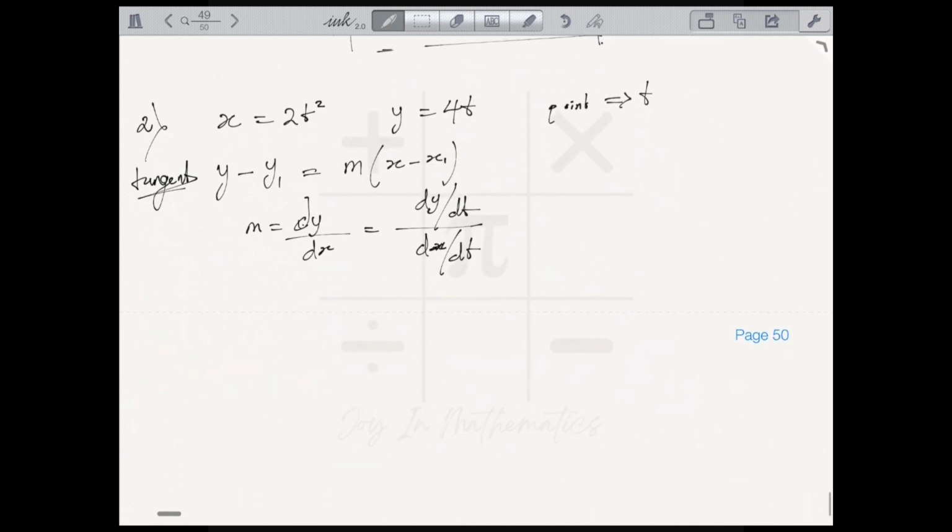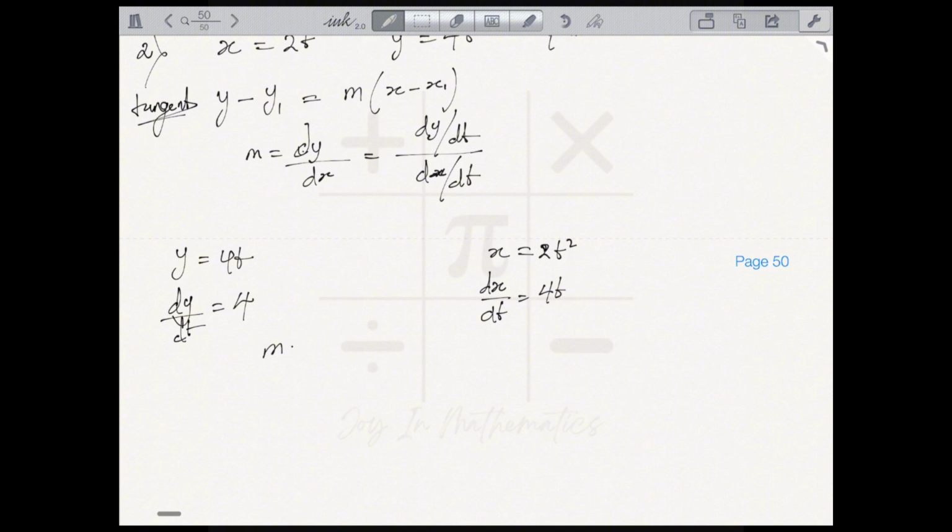So let's evaluate that. Our y is equal to 4t, our x is equal to 2t squared. dy/dt is equal to 4, and dx/dt is equal to 4t.